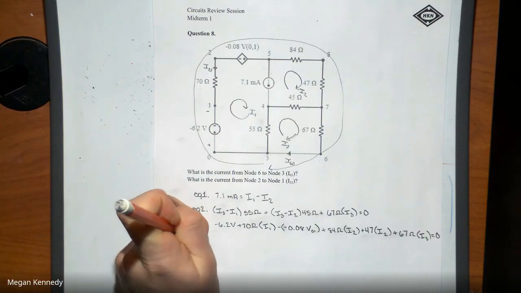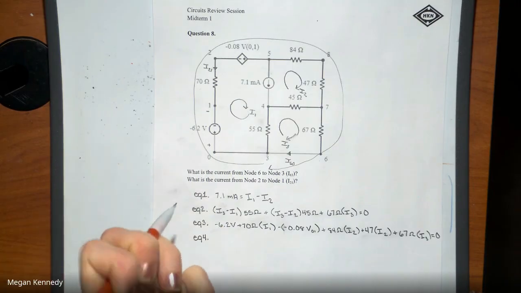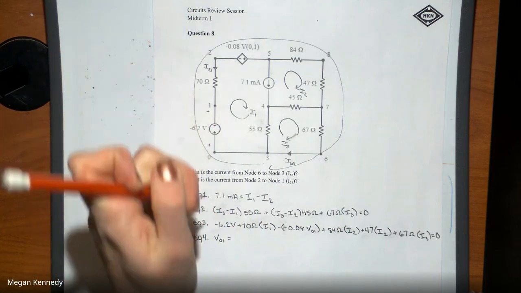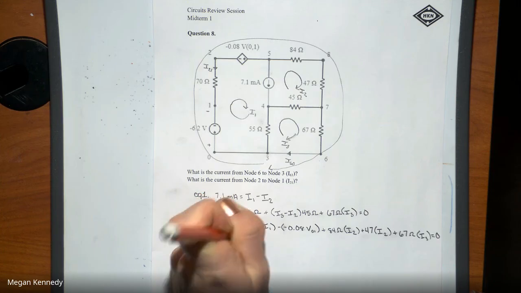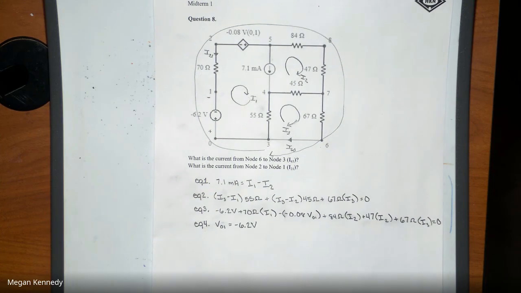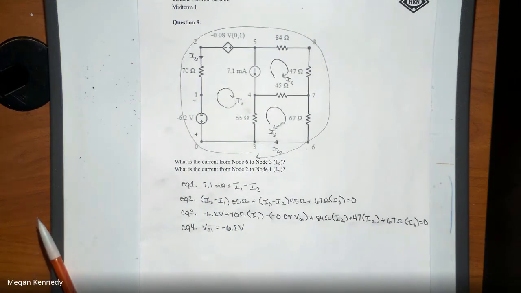So we can say equation 4: V0 to 1 is equal to negative 6.2 volts. All right. And so then we're going to use our favorite linear algebra tools, and we're going to solve for all the currents, which would essentially get us all our answers.